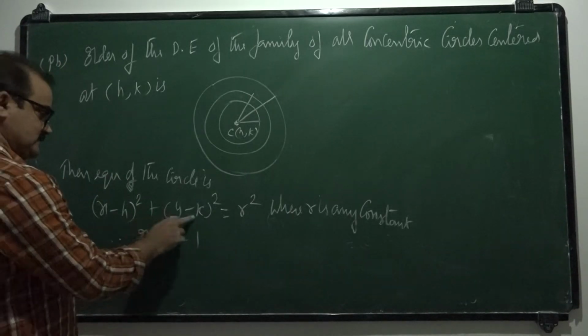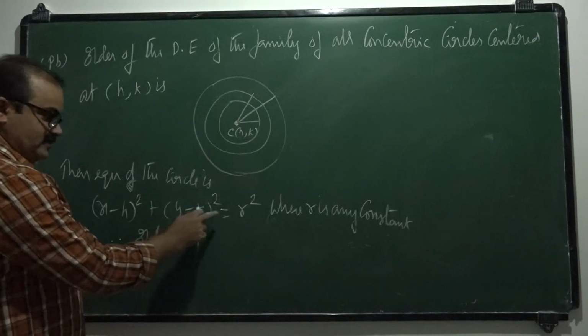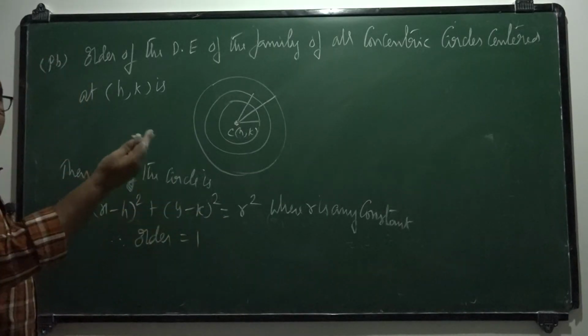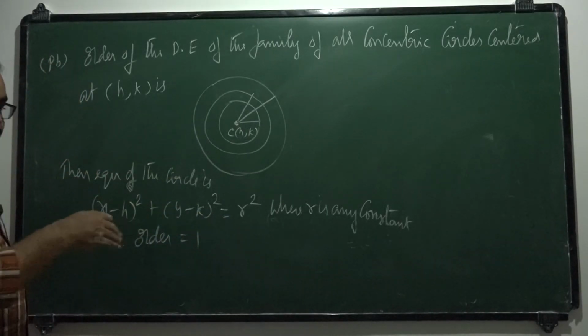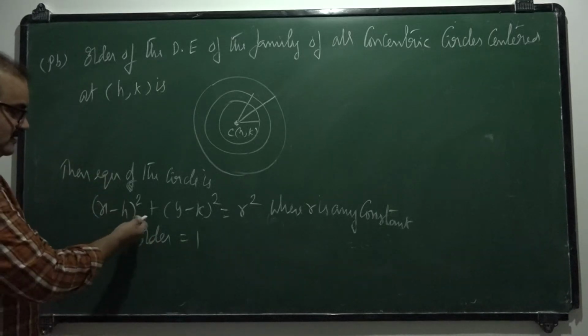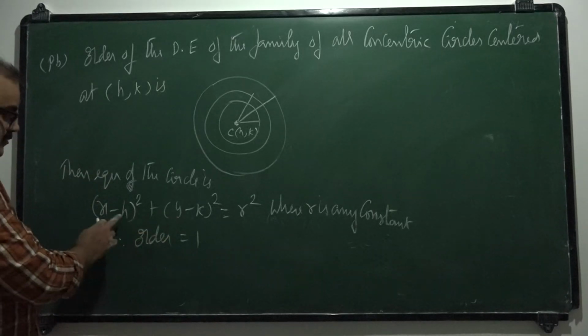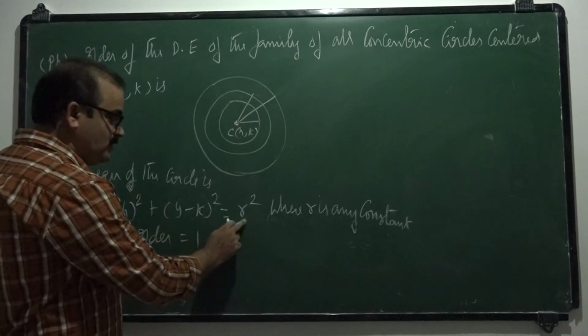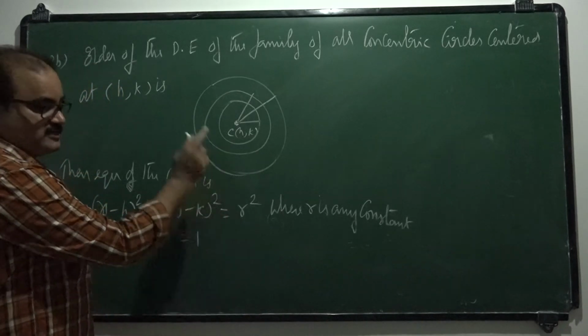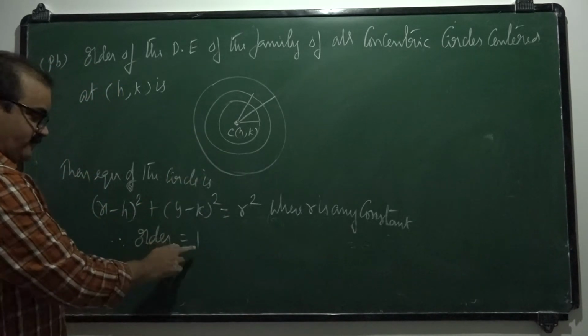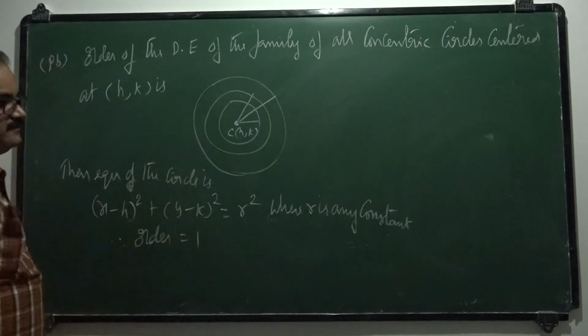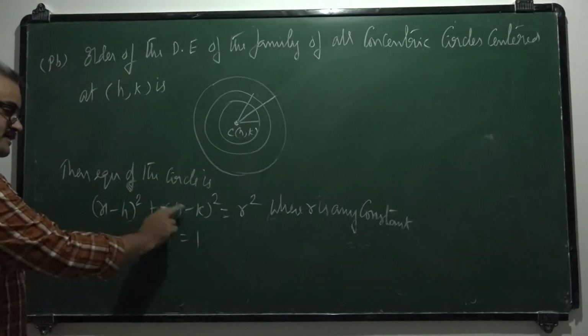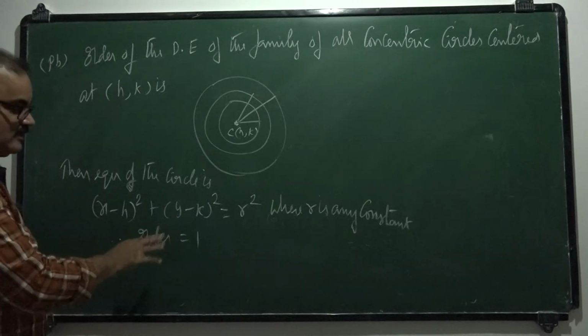Here, this circle equation is the solution of the differential equation. Even if we don't know the differential equation, but its solution contains only one arbitrary constant, so the order of that differential equation is 1. Here H and K are fixed constants. They are not changed.